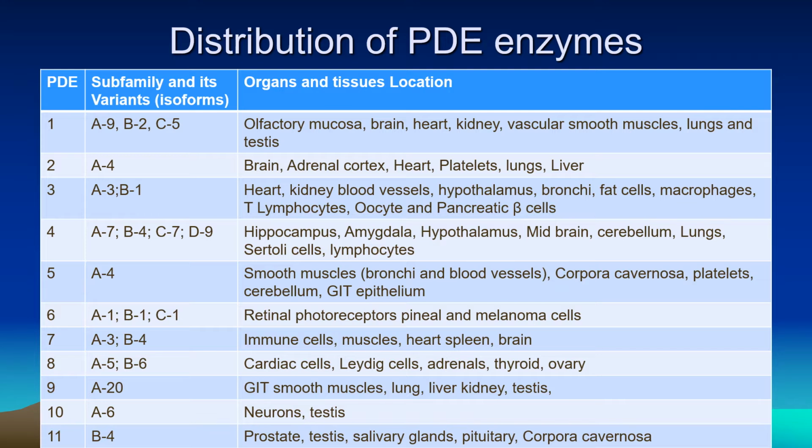Type 10 again has one subfamily with 6 variants, and it is located in the neurons and testes. And finally, type 11 phosphodiesterase enzyme has one subfamily with 4 variants. It's localized in prostate, testes, salivary glands, pituitary, and penile tissue.